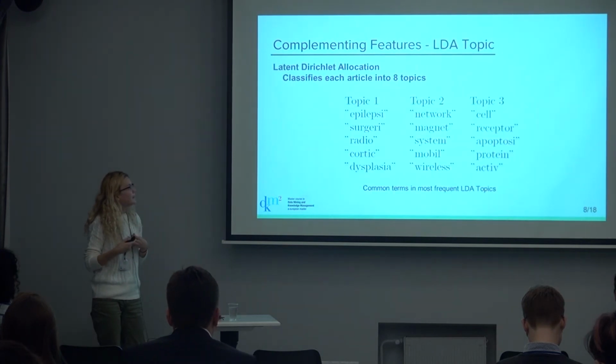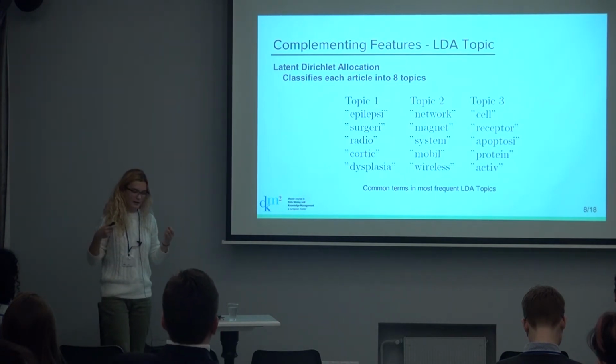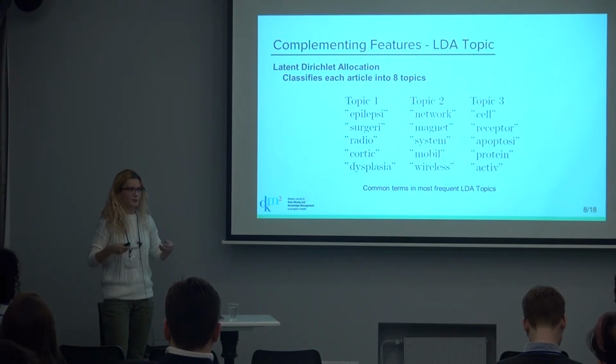We had subjects as our input data, subjects for the articles, but they were a bit too specific. There were a lot of subjects, and the subjects were like acoustics or neurology, something really specific. So in order to generalize that a bit, we ran topic modeling, specifically Latent Dirichlet Allocation, over the titles and the keywords of each article, and these are the results we got.